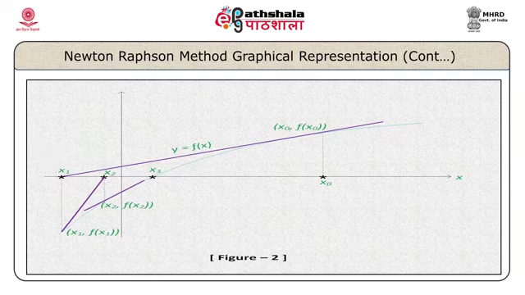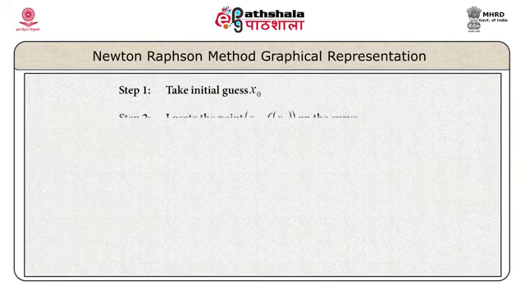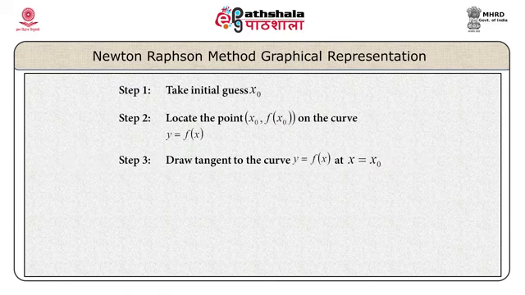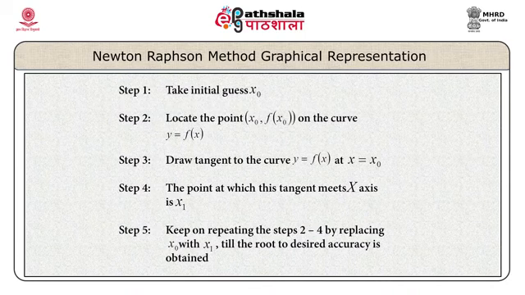So, basically, graphically it means that you are taking the initial guess x0, drawing a tangent to the curve at the point (x0, f(x0)), and the point where the tangent meets the x axis is our next estimate for the root. Again, locate the point (x1, f(x1)) on the curve, draw a tangent to the curve, the point where it meets the x axis is the point x2, and this is how we continue the process. The graphs are shown in figure 1 as well as figure 2 for different shapes of the curve.